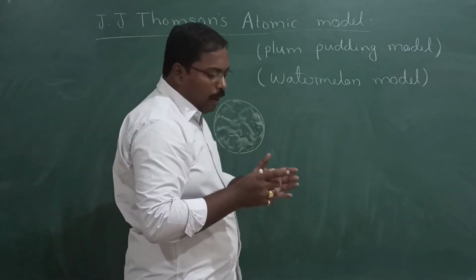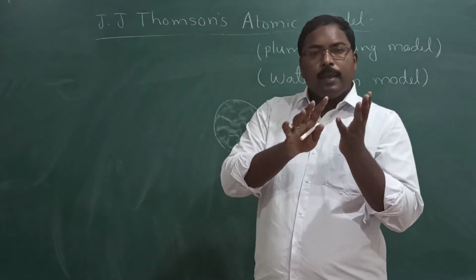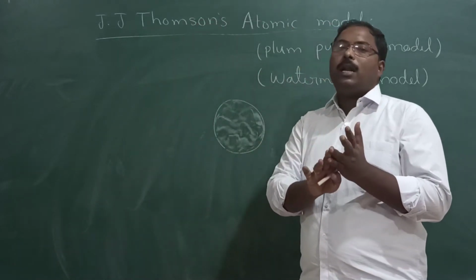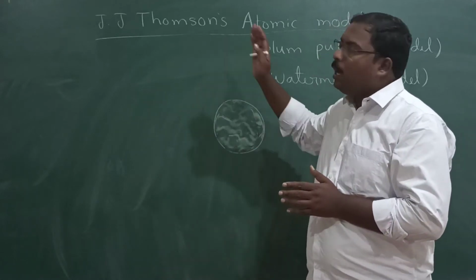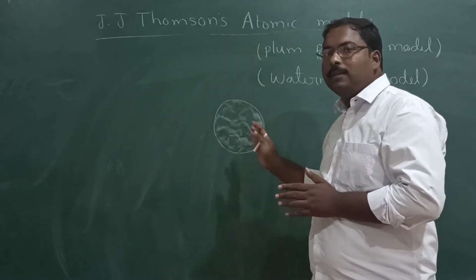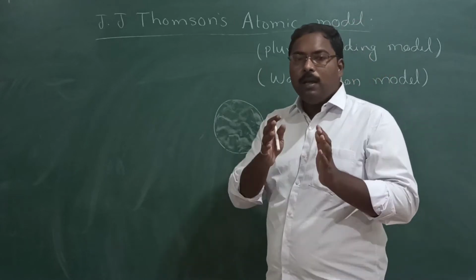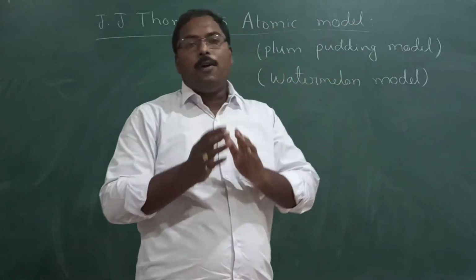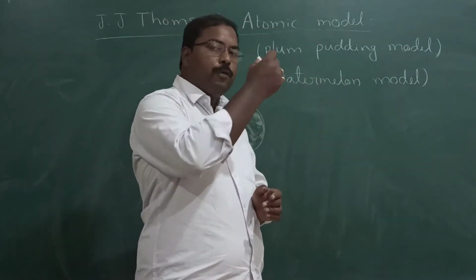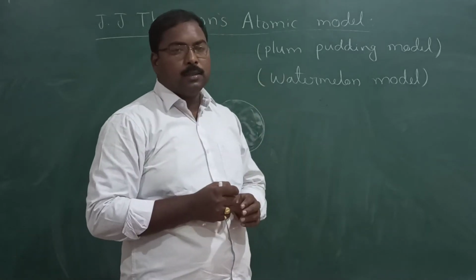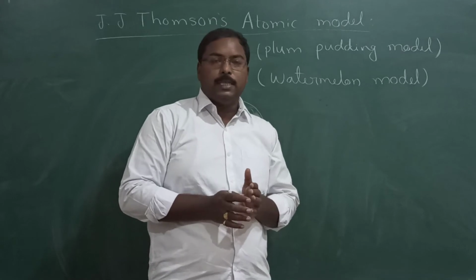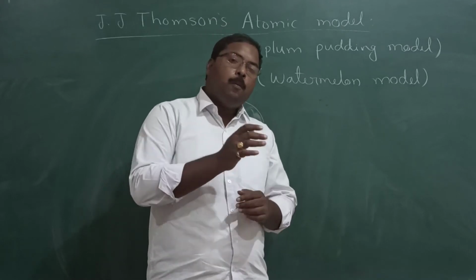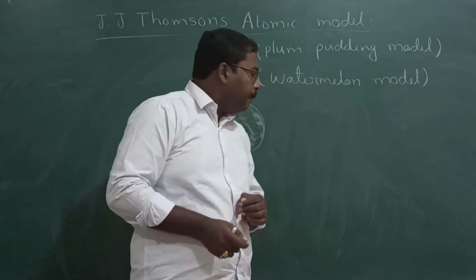We know an atom contains electrons, protons as well as neutrons. But at the time of Thomson, only electrons and protons were discovered. So he explained the structure of the atom in terms of electrons and protons. We know electrons are negatively charged species and protons are positively charged species.